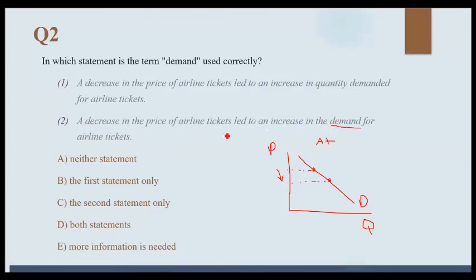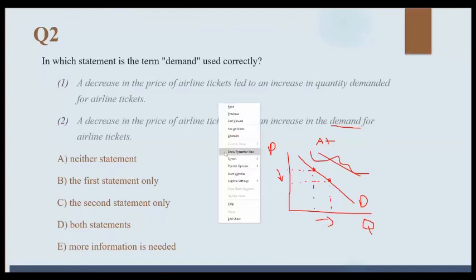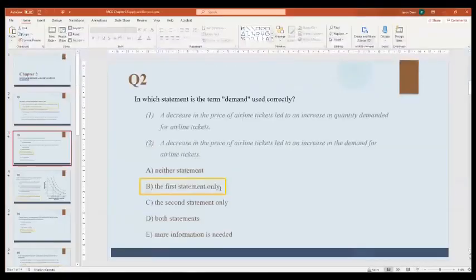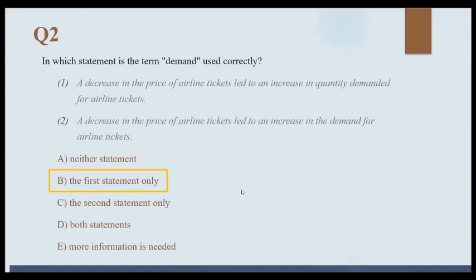That's saying a decrease in the price would shift the curve, which is not correct. The first statement says it correctly: a decrease in the price of airline tickets led to an increase in the quantity demanded. We're moving along the curve. So the correct answer is B, the first statement only. Is that clear?